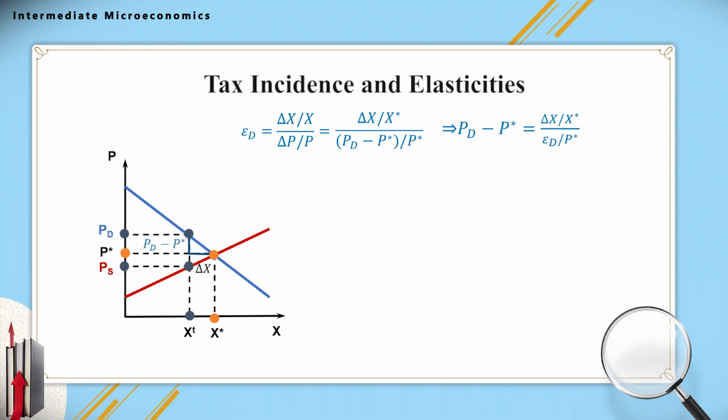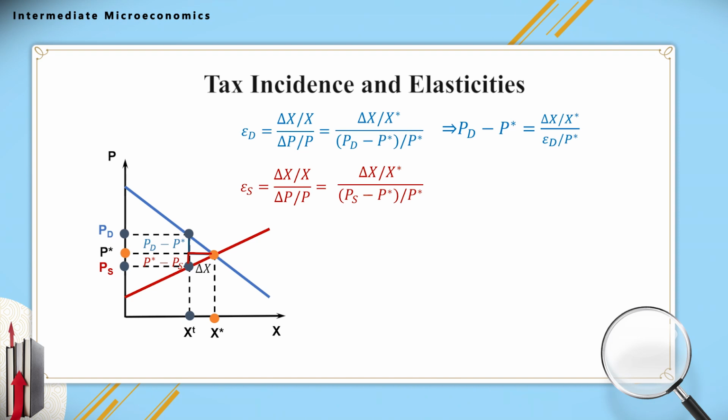By rearranging this equation, we can find that the tax borne by the consumer is related to the price elasticity of demand. Similarly, we can write the price elasticity of supply. It's the percentage change in quantity supplied divided by the percentage change in price.